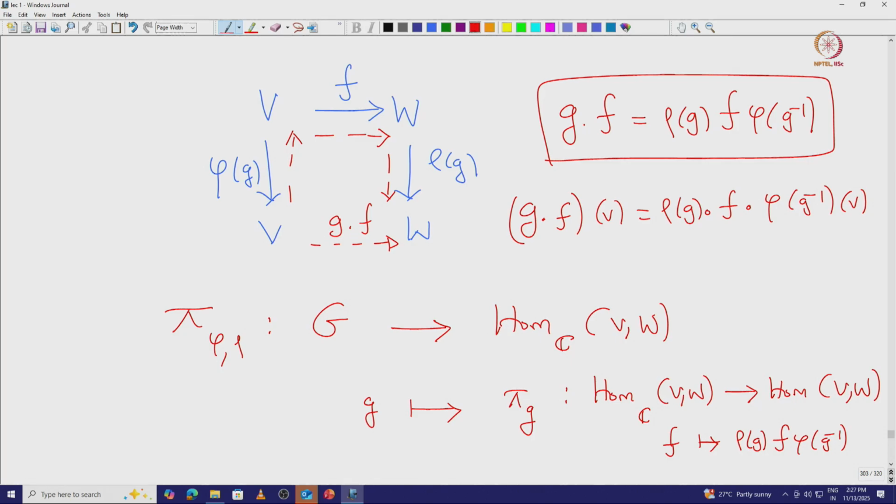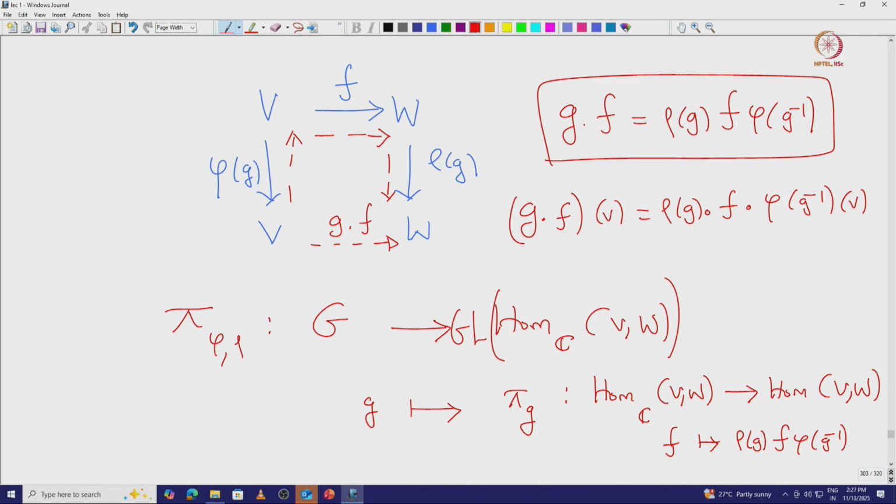This is the representation that we are talking about. The first thing to prove is that this is indeed a representation of G, so a map from G to GL of this. For that we need to verify that the identity map is mapped to the identity linear map, and then that composition goes to composition.